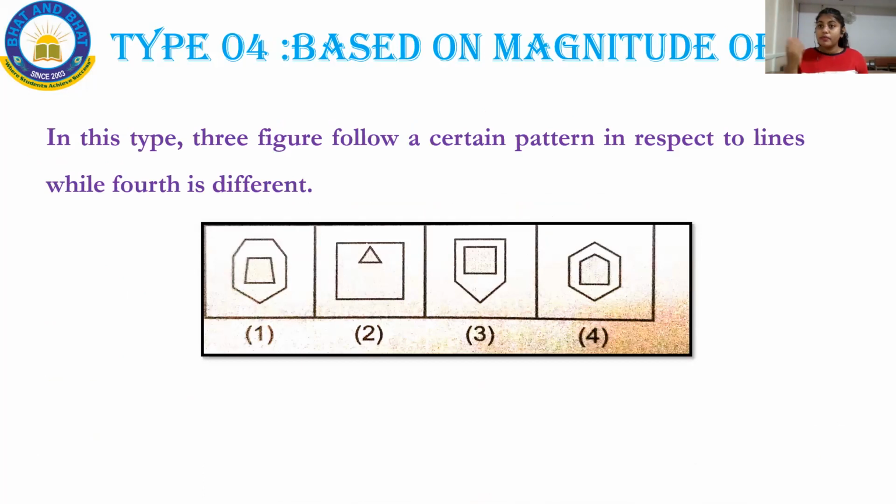In physics, which you will be learning in higher grades, magnitude is nothing but height. What is the magnitude of this bottle? They will ask you that. But here, for you small kids, it is based on the number of lines.